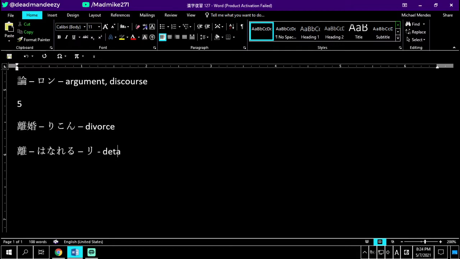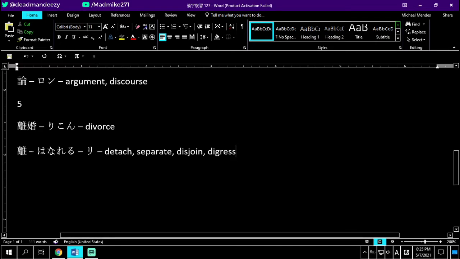This means detach, separate, disjoin, or disagree, or digress. Hanareru. So I kind of see it as the old bird dividing up me from mu, or somebody else. Divorce. Hanareru or ri.